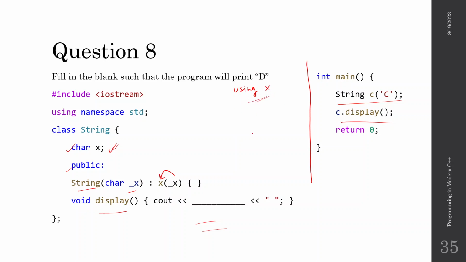So one way is this, that over here, since we have called it like this, x is now set to c. Okay, so we can use that to print d also.